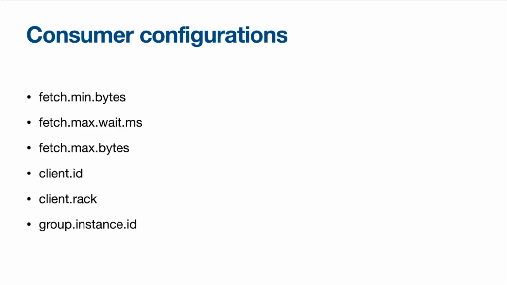Next one is the client rack. So if you are using a single cloud setup or an on-premise Kafka setup, then client rack won't be of much use. But if your Kafka service expands over multiple data centers, in such a case, client rack should be specified in your consumer group properties. This is an issue for latency because Kafka always consumes from the leader ISR. If you have followed my previous lectures, you would know that Kafka will write and read data from the leader ISR.